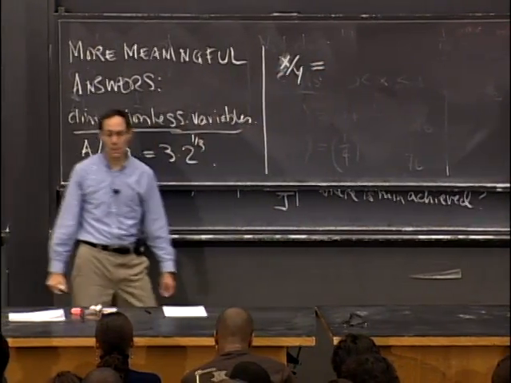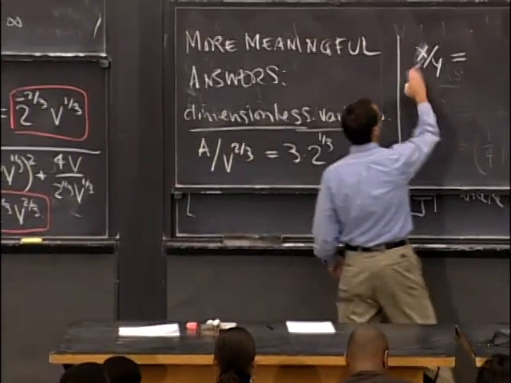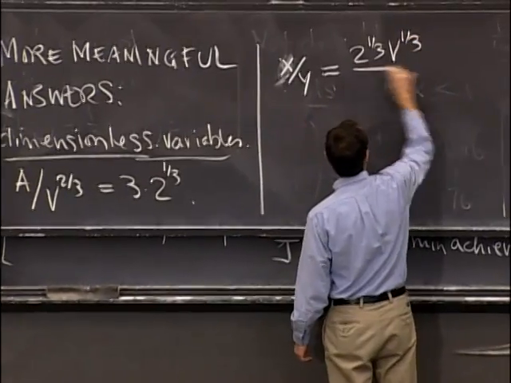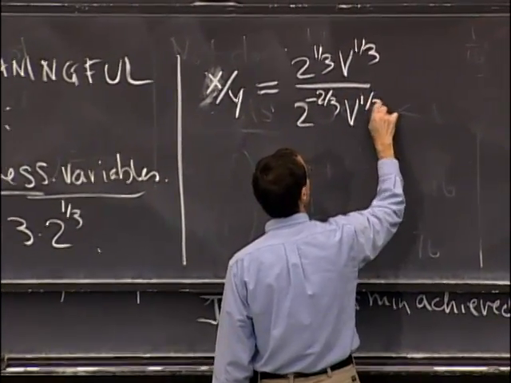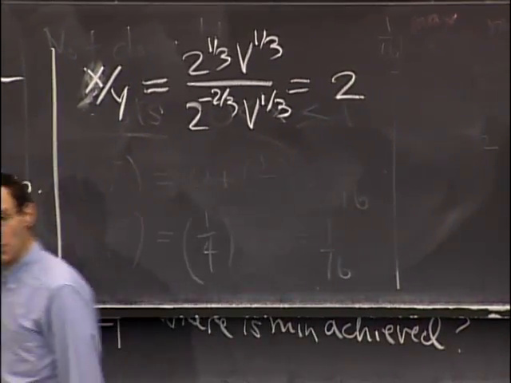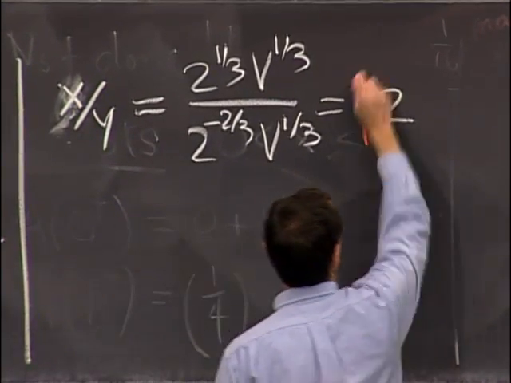All right? So again, that's inches divided by inches. And it's 2 to the 1/3 v to the 1/3 divided by 2 to the minus 2/3 v to the 1/3, which happens to be 2. All right? So this is actually the best answer to the question.